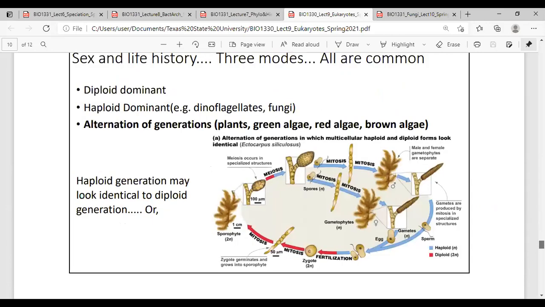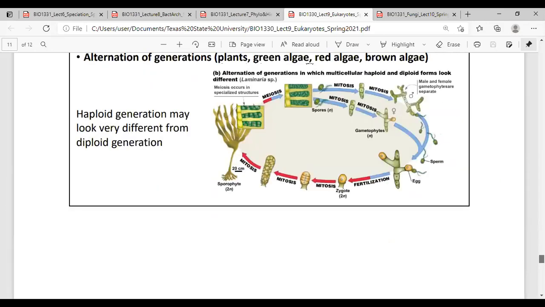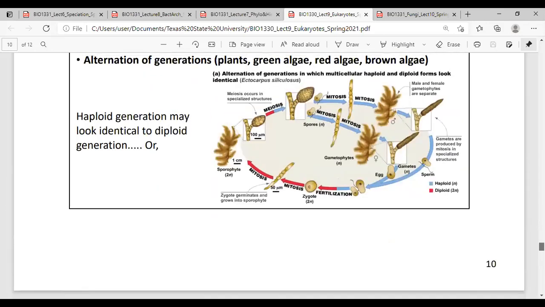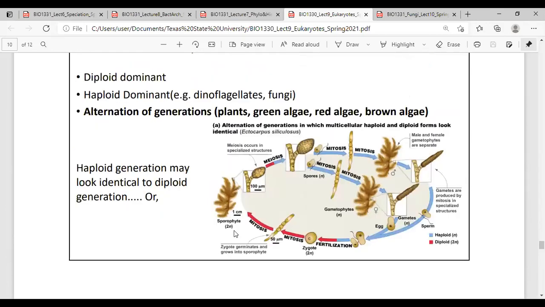Where it gets interesting is with the alternation of generations. This can happen in two instances, and so there's this instance and then there's this instance. But here we have the sporophyte. This is 2N, they're diploid here. They undergo mitosis. We have a sporophyte.